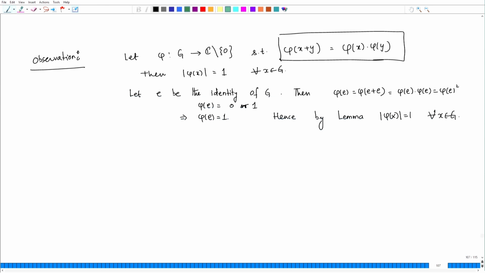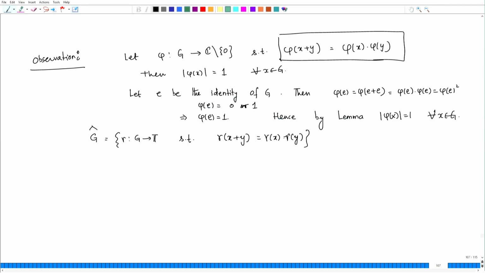Okay. So now let us collect all of those. Let me denote, for a given finite abelian group G, G hat as the set of all gamma from G to T, that means the modulus of gamma x is equal to 1, and gamma of x plus y equals gamma x into gamma y.